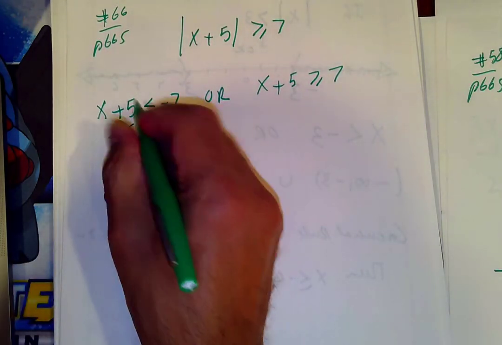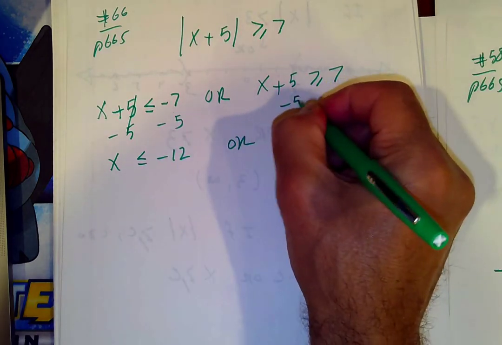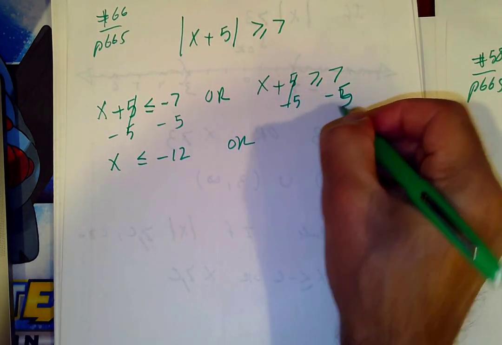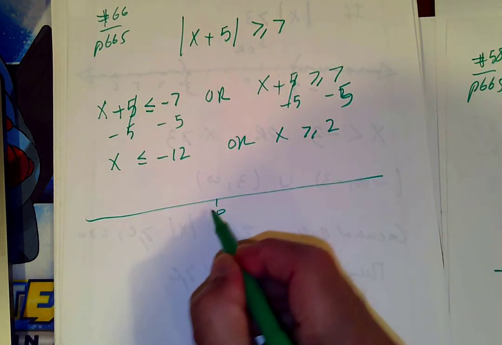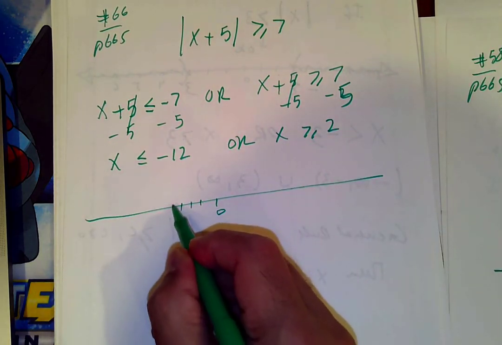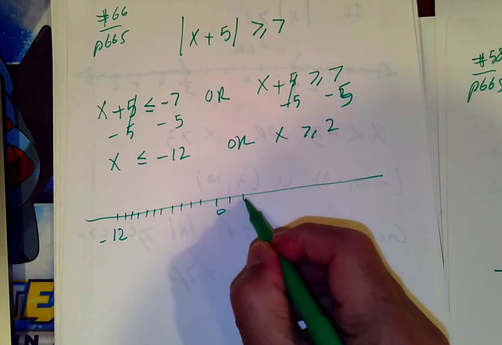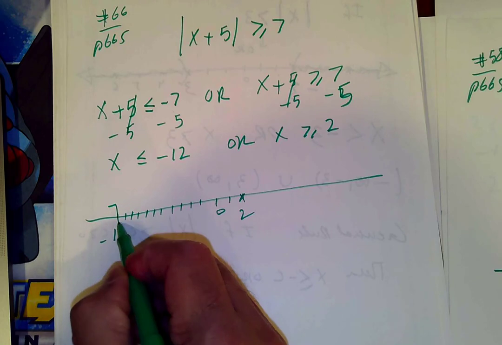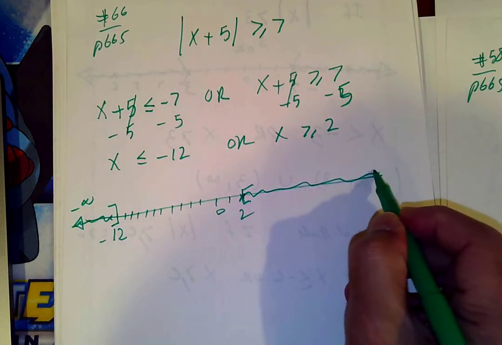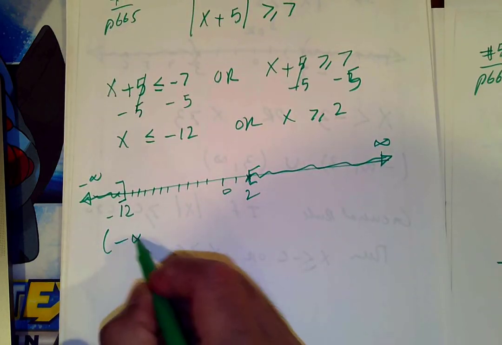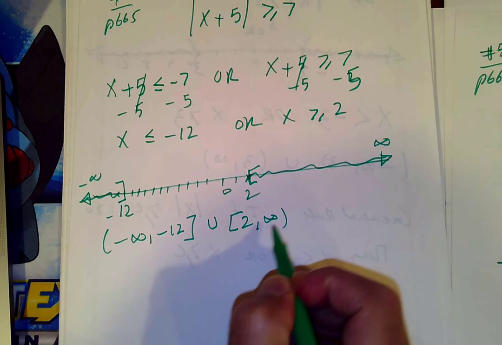Minus 5, x is less or equal to negative 12, or x is greater or equal to 2. Negative 12 and 2, less or equal to negative 12, and greater or equal to 2. And then the intervals, negative infinity to negative 12, union 2 to infinity.